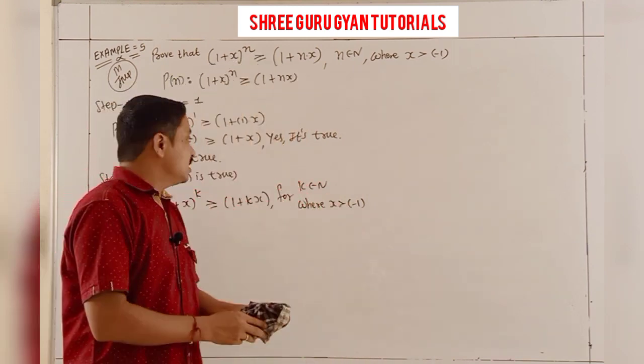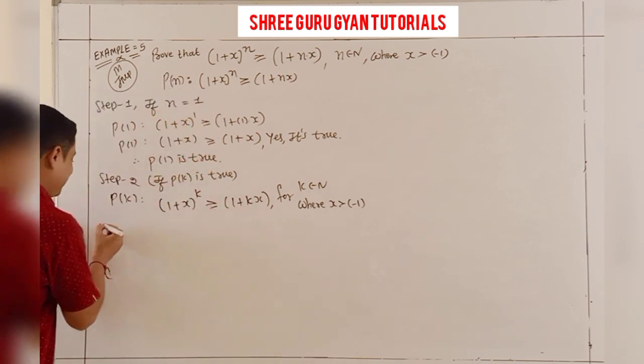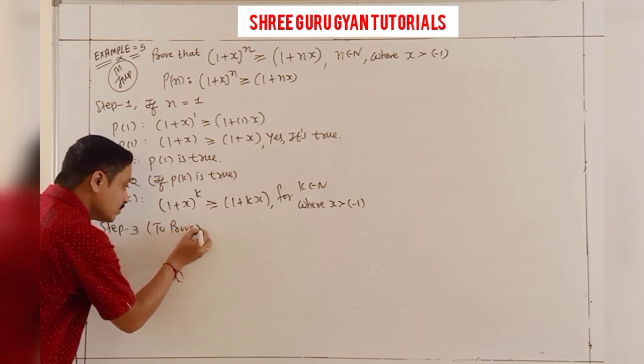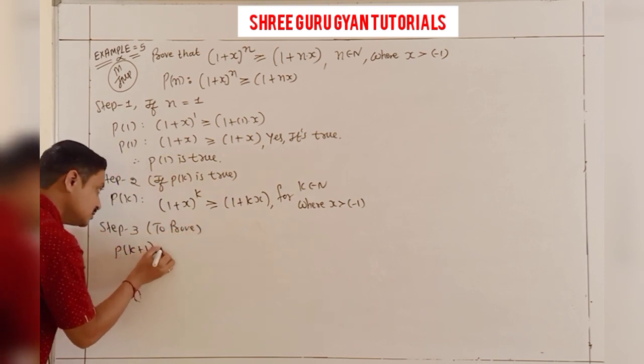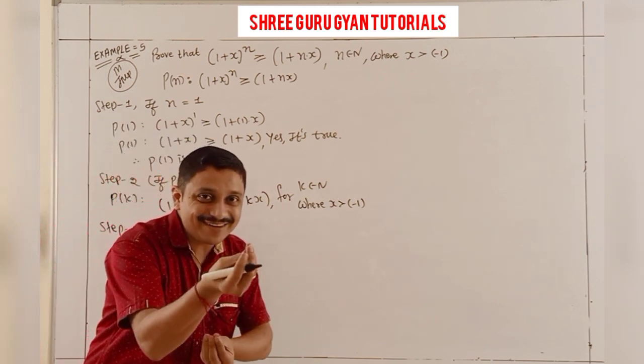Now students, I am going ahead to my step 3. What is step 3? To prove P of k plus 1. What is the change? k changes to k plus 1.